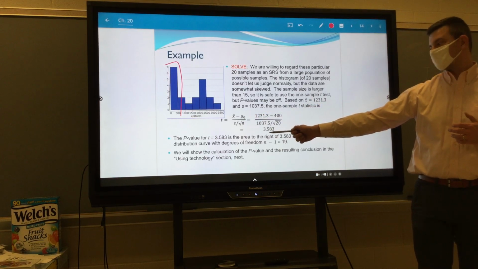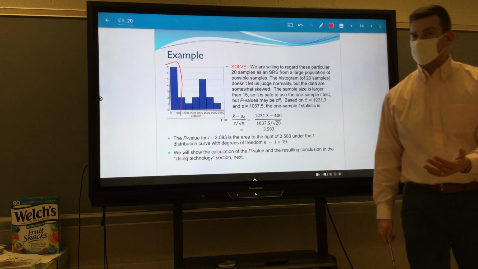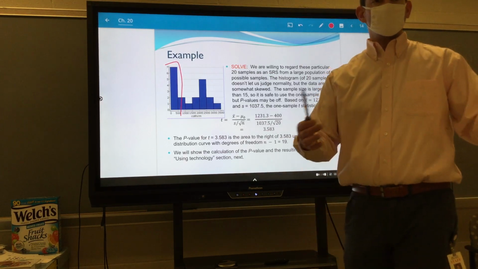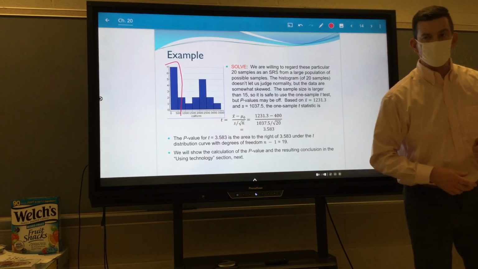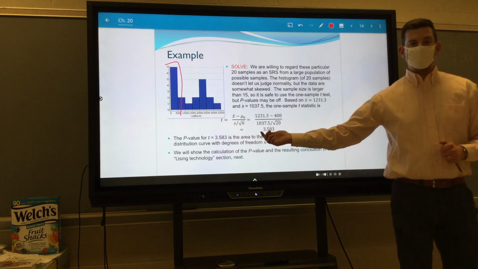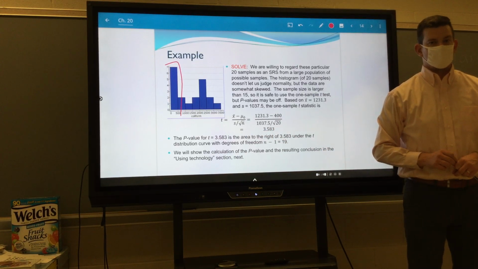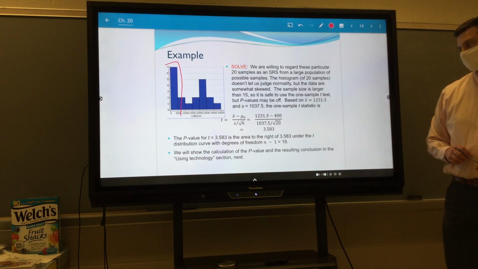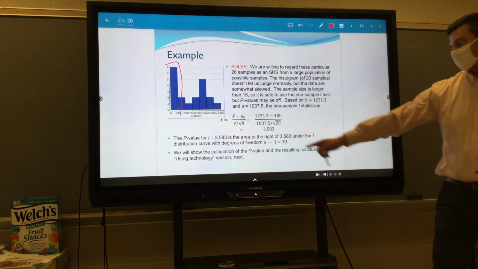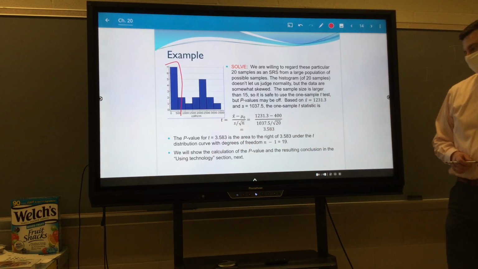We get a t statistic of 3.5, which still has the same interpretation as a z-score, right? It's not the same p-values that go with it, but we are 3.5 standard errors away from what we'd expect. That's not that common. Okay? So we have 19 degrees of freedom because this is a sample size of 20.